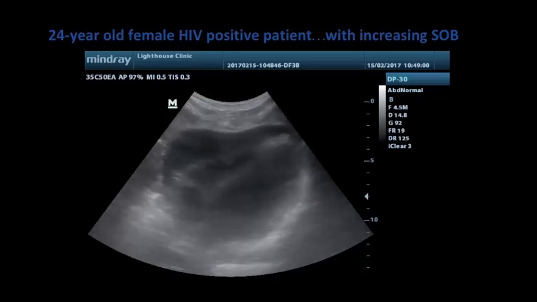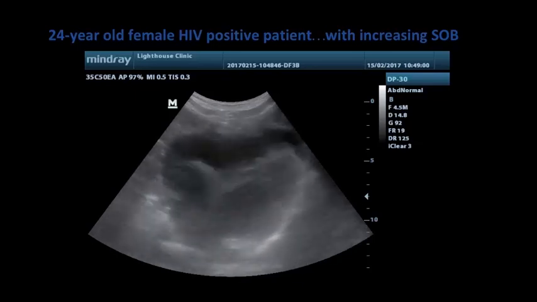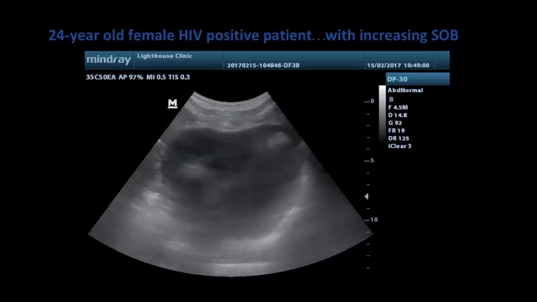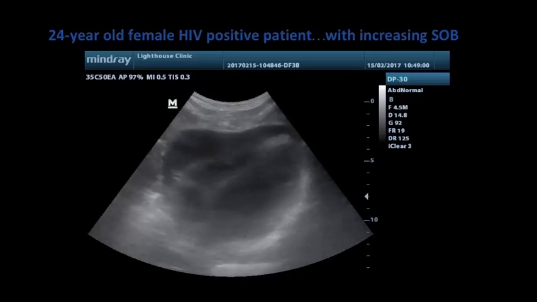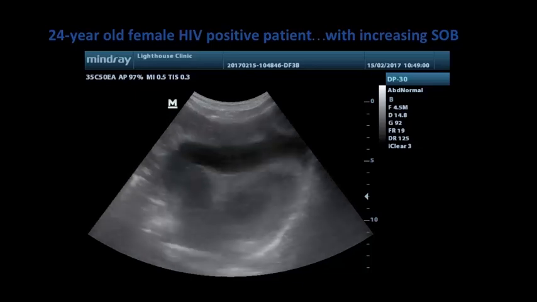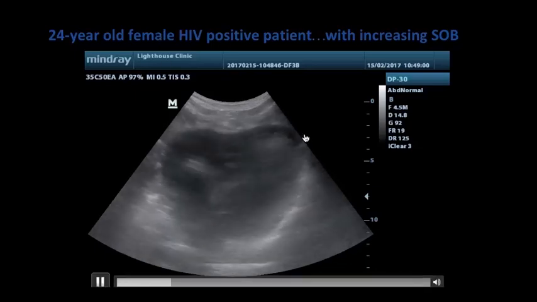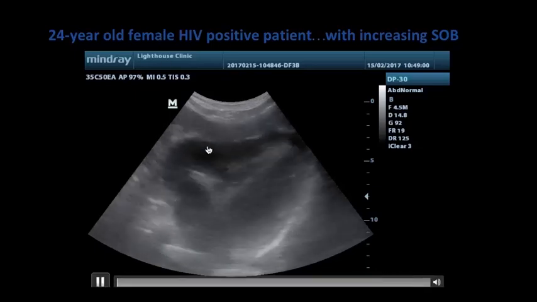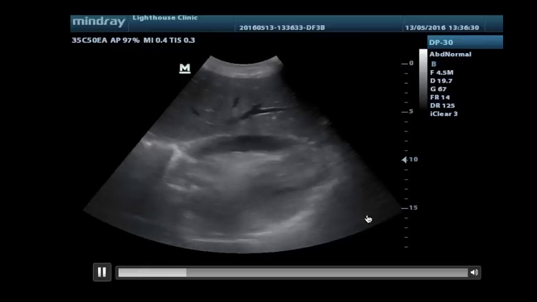They are not confirming the diagnosis, so we have to consider others. For example, Kaposi sarcoma can cause effusions, other malignancy can cause effusions, but the single most common and treatable condition is probably TB. So if you look at this, you can see it is an anechoic fluid surrounding especially the right heart. Let's have a look at another example.